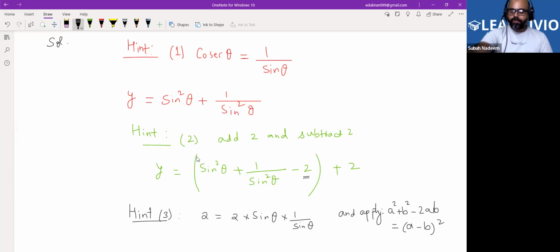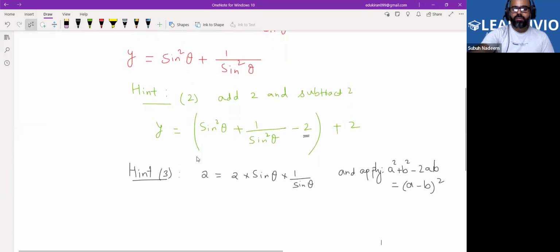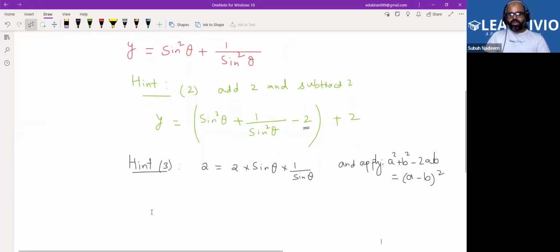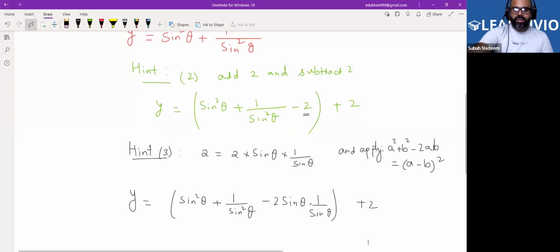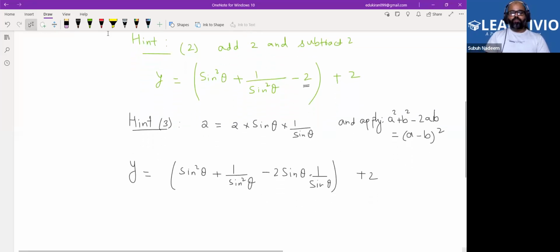Now what will happen? This y would be, this you are writing as sine square theta plus 1 by sine square theta minus 2 sine theta into 1 by sine theta, plus 2 is outside. So when you apply this identity, what you will get? Now you can tell.